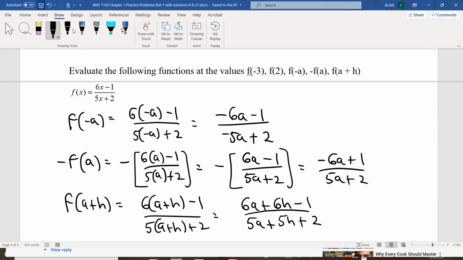For negative f of a, wouldn't the bottom one be -2? No, wouldn't you only apply it... If you did it twice, you'd end up canceling out the negative. So you can only do it to the top. Okay, let me show you an example of that.